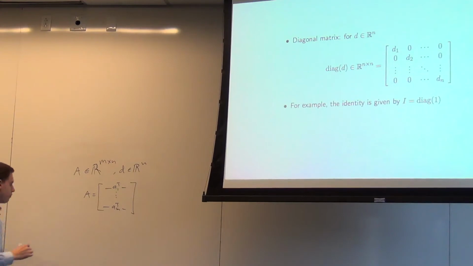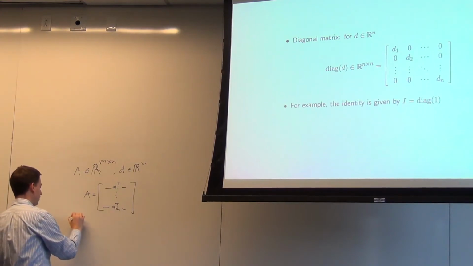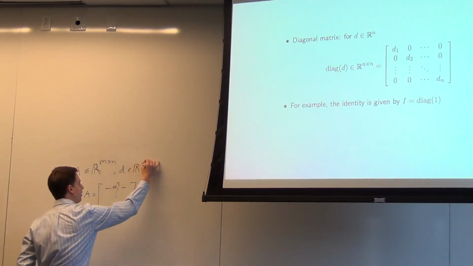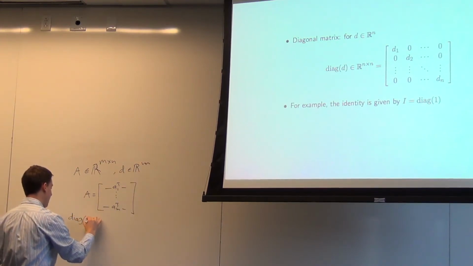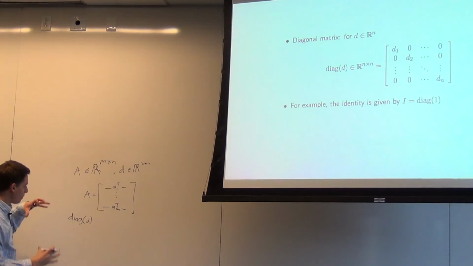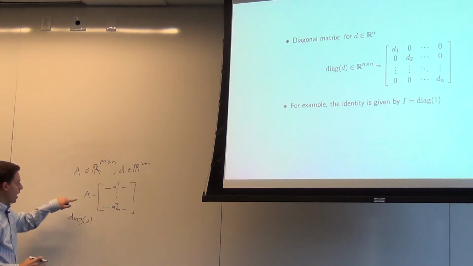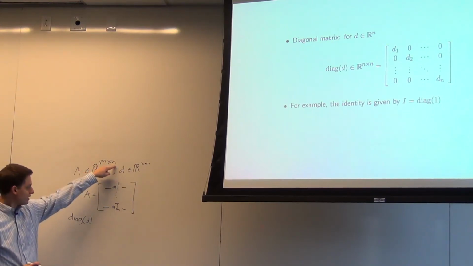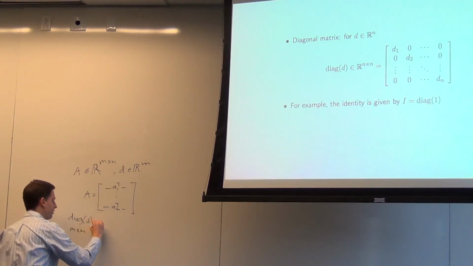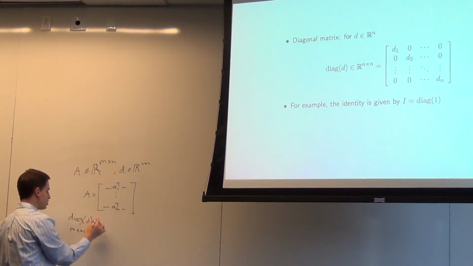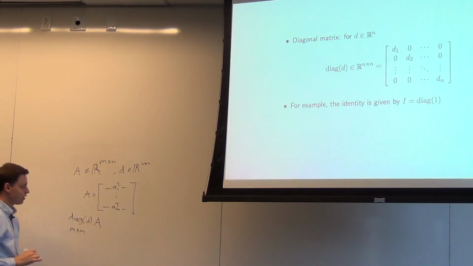Sorry, d is in R m here. So we have diag d, so that forms an m by m matrix. A is m by n. This, remember, is now going to be m by m. A here is m by n, so we can multiply diag d by A.